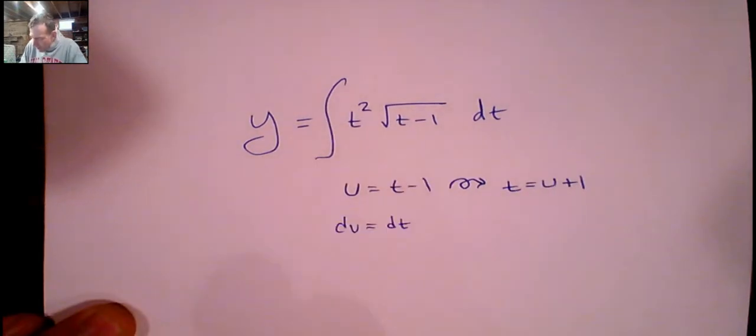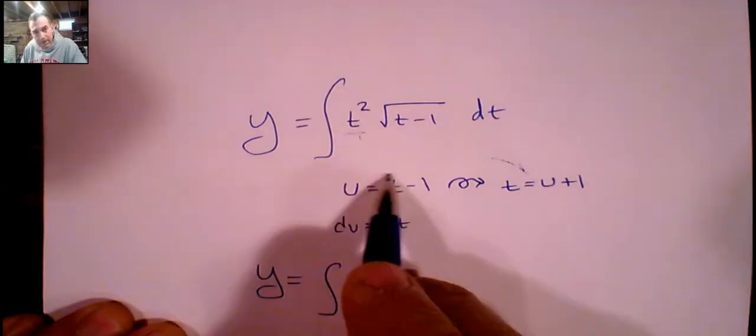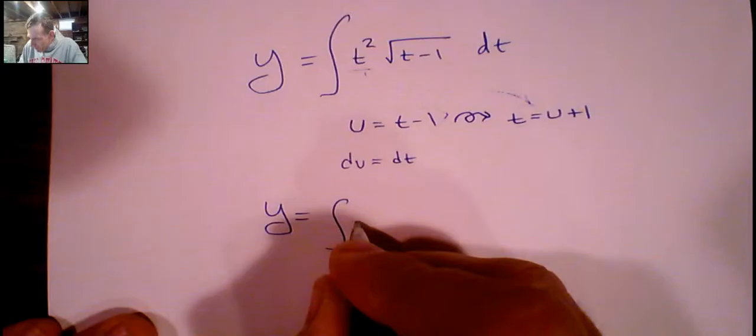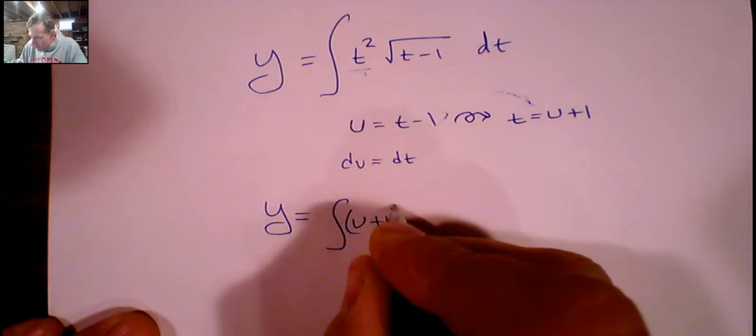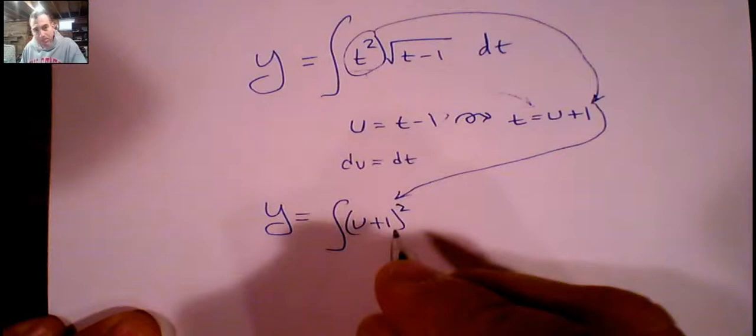So y is the integral of, notice that for this, that substitution there, and for this one, I'm going to use this substitution here. So this becomes u plus 1 squared, and then the square root, and then du is dt.